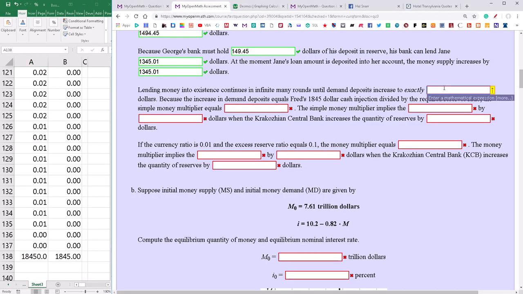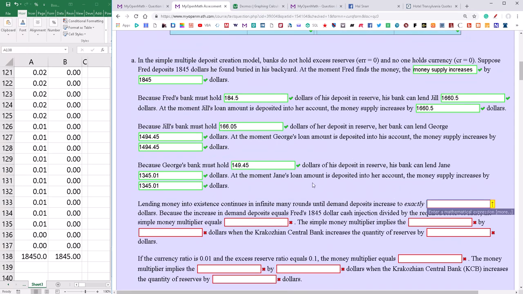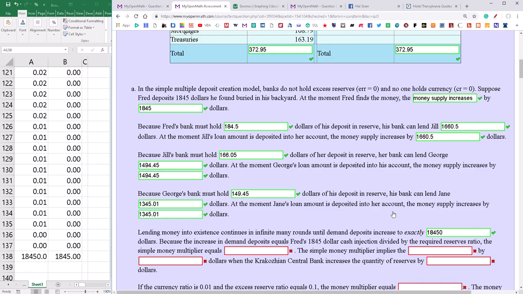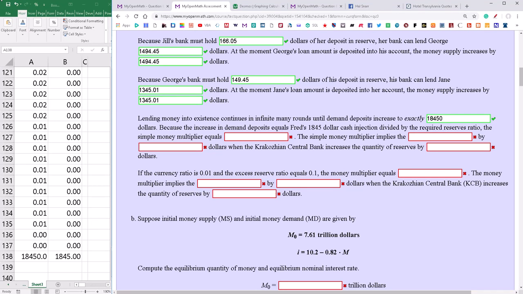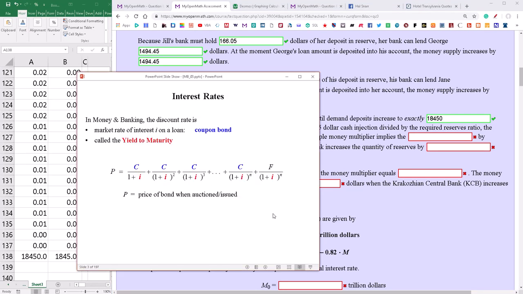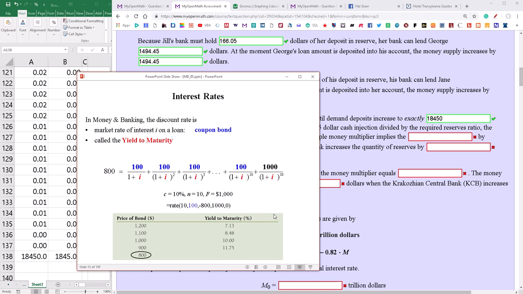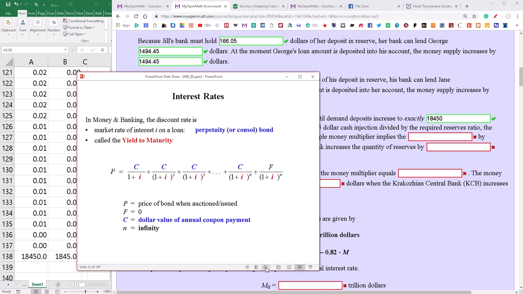So the original deposit was $1,845. It looks like the money supply increases by that times 10. Okay, now the question is, why does the money supply increase by a factor of 10 here?